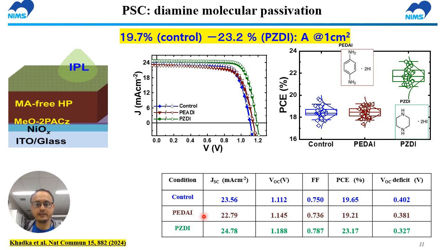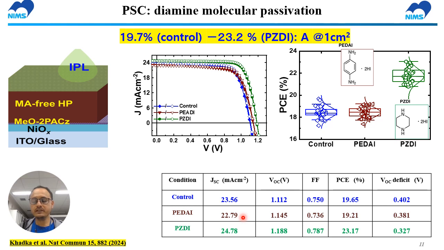Interestingly, the JSC for the PADI treatment is quite lower compared to the control film, and this could be due to the additional crystallites that form on the surface, which might reduce the JSC for the PADI treated film.